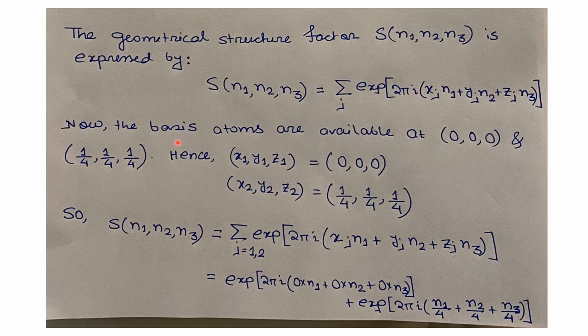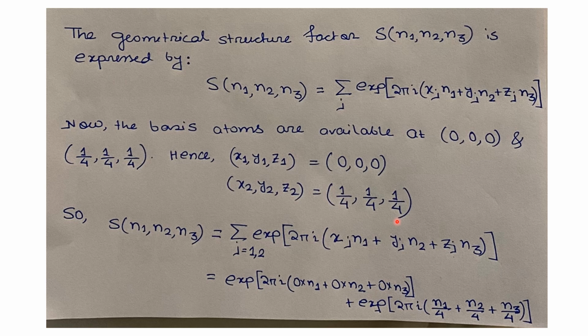Now we have two bases in our system. The basis atoms are available at 0, 0, 0 and 1 by 4, 1 by 4, 1 by 4. Hence, j will be having values 1 and 2 only, and for the j values x1, y1 and z1 will have the value 0, 0, 0 and x2, y2, z2 will be 1 by 4, 1 by 4, 1 by 4.